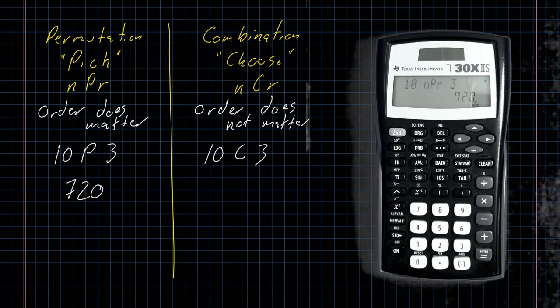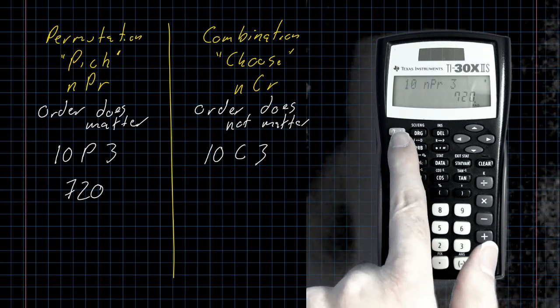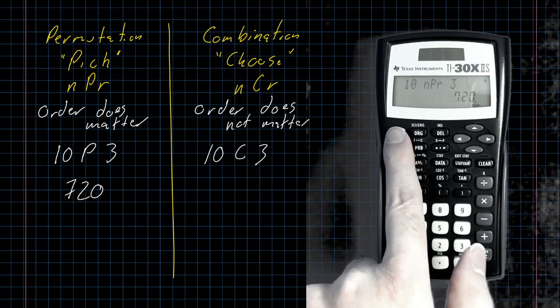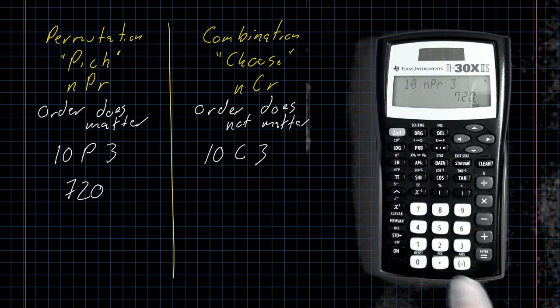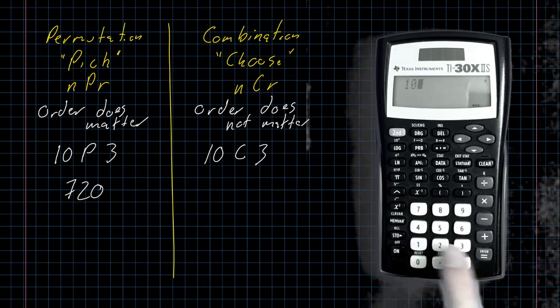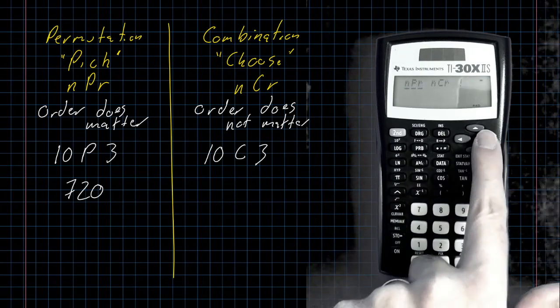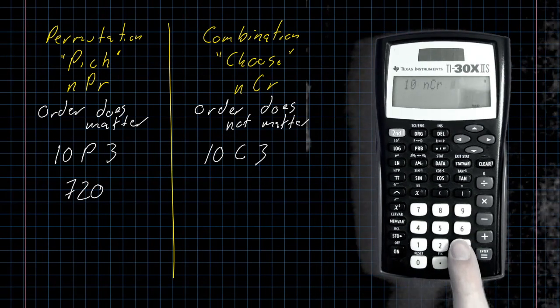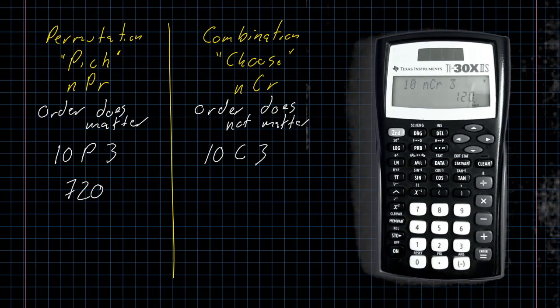A lot of Casio calculators put them on the multiplication and division keys. So you'll want to hit your second or your alternate key, however it's named on your calculator, and then punch those things in. To get the choose function, nCr, we just scroll over and select that one instead. 10 choose 3, my calculator is happy to tell me, is 120.